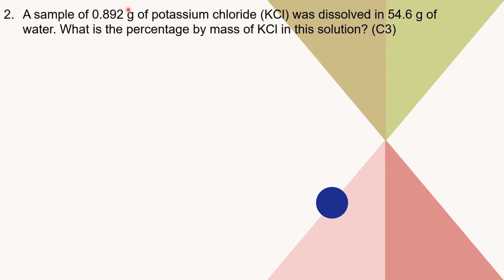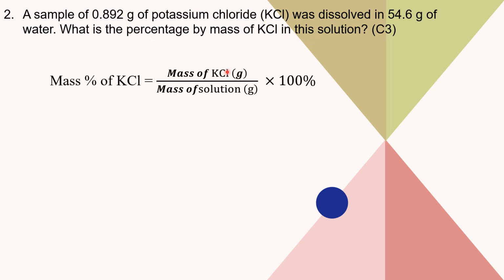A sample of 0.892 gram of potassium chloride was dissolved in 54.6 gram of water. What is the percentage by mass of KCl in this solution? So percent by mass of the KCl is equal to the mass of KCl in gram divided by mass of solution in gram times 100 to get the percent by mass.